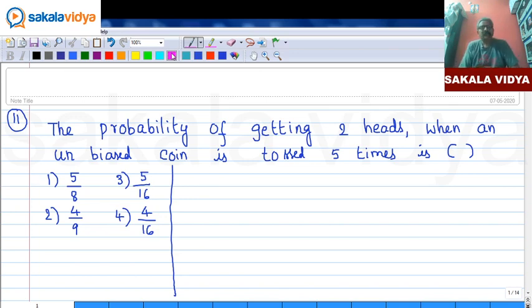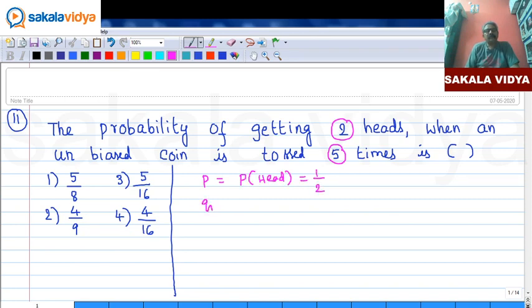Right. So now the probability of getting 2 heads when an unbiased coin is tossed 5 times. First, when a coin is tossed, what is the probability of getting a head? P is equal to the probability of getting head, that is 1 by 2.